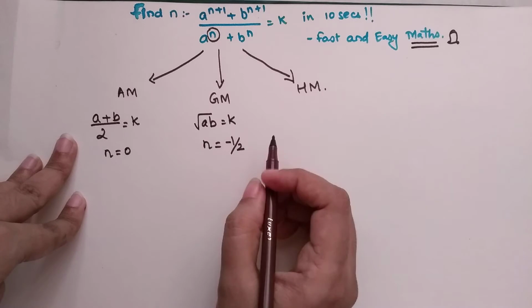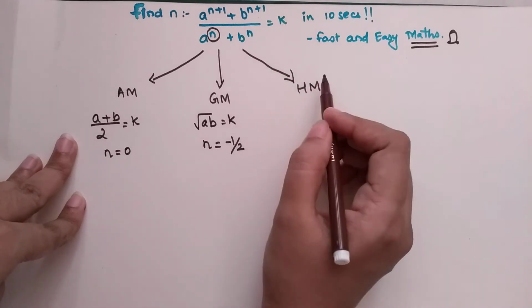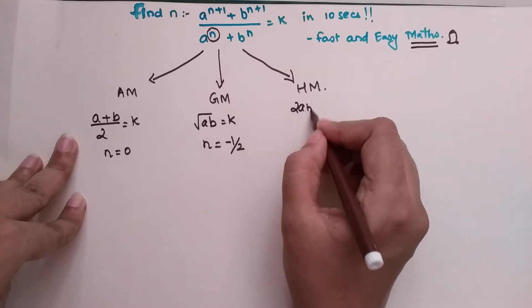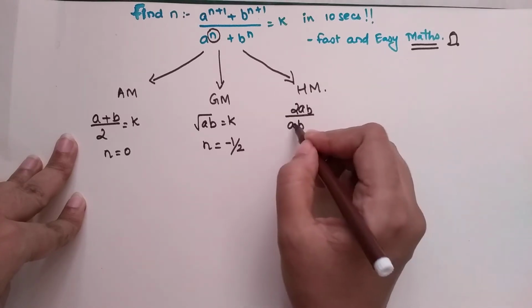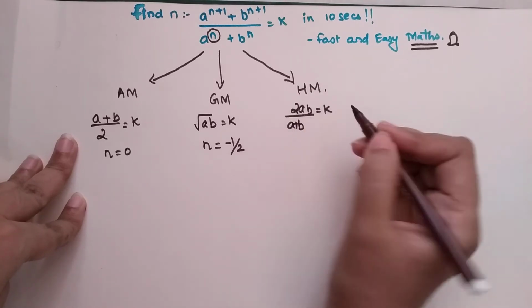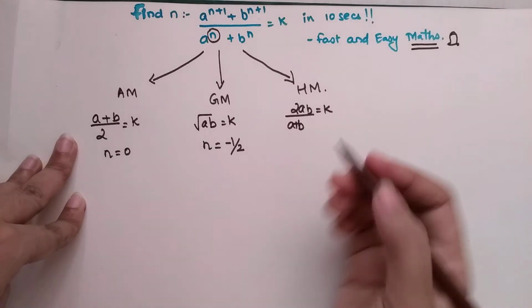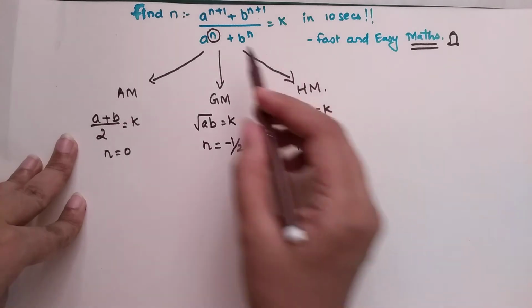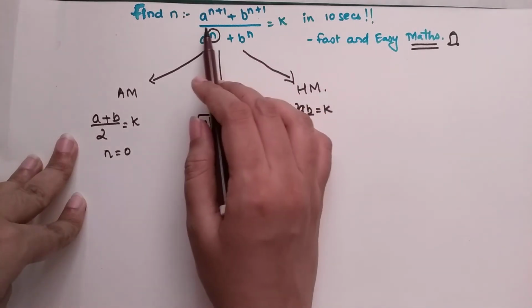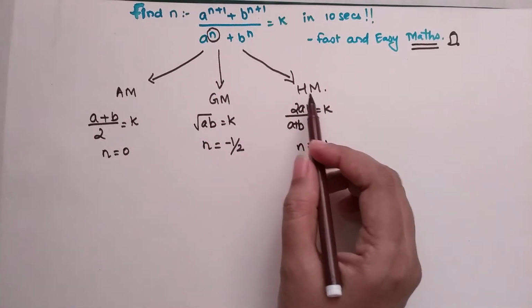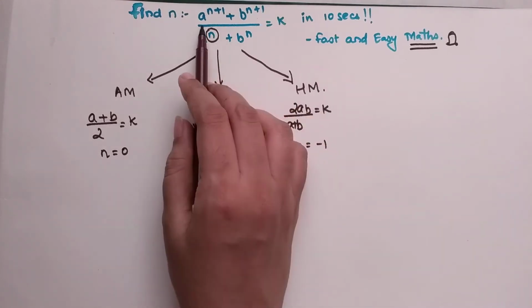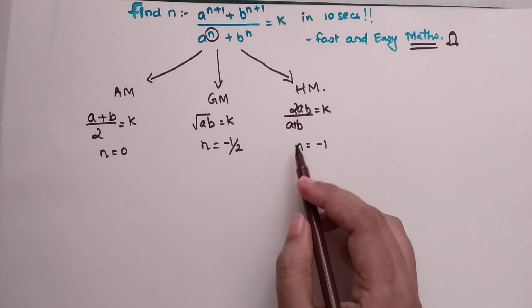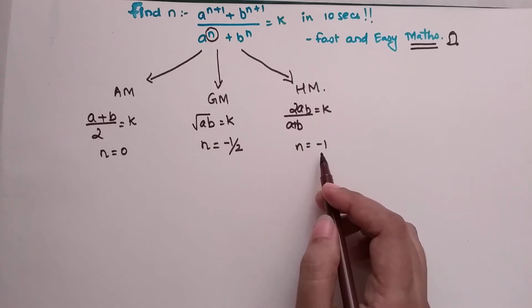And if 2ab upon (a plus b), the harmonic mean of a and b, gives you the value of k, then you can directly say that the value of n is minus 1.